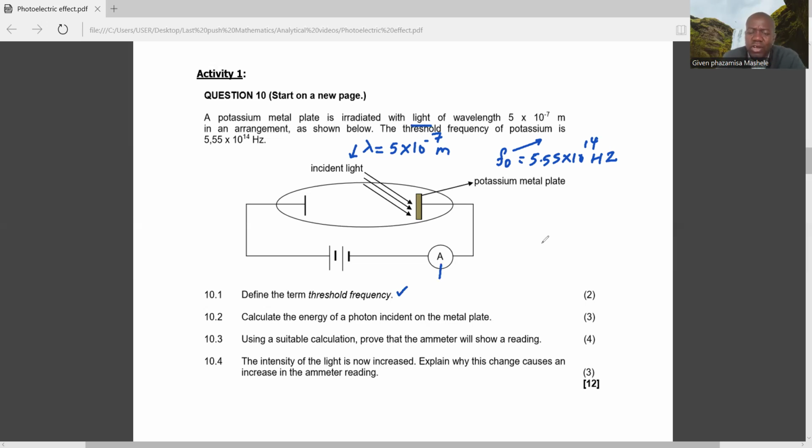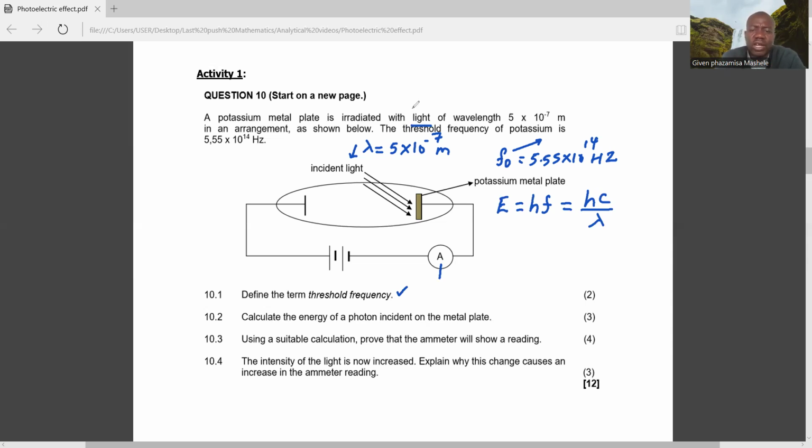Remember, the energy of a photon depends on the light, which is calculated by using Planck's constant multiplied by frequency. However, since we are not given the frequency of light, we are given the wavelength, we can use the formula hc over lambda.